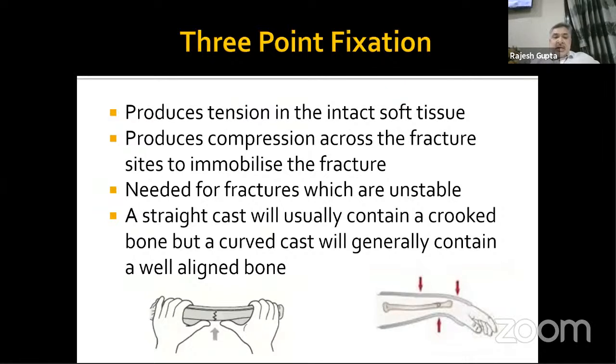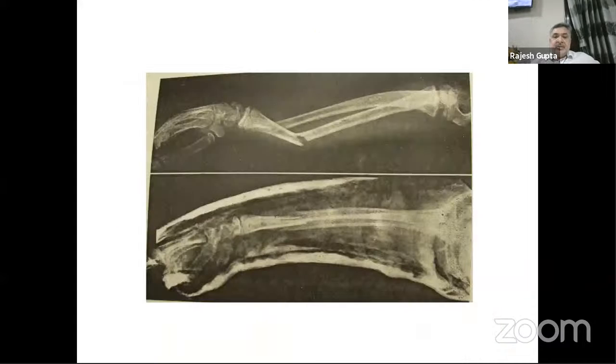A straight cast will usually contain a crooked bone, but a curved cast will generally contain a well-aligned bone. So this is how it looks. See here, hinges here. When we do the reduction, 1 point, 2nd point, and the 3rd point, 1, 2, and 3. If it is done properly, there are fewer chances of loss of reduction.